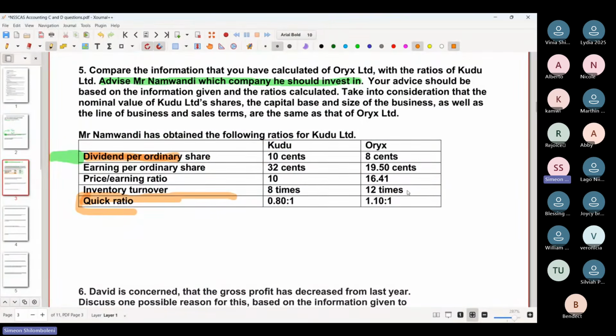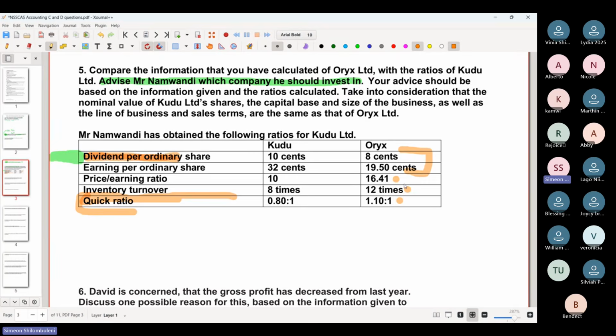If you check, Oryx is better. Oryx is better. If you check, okay, here they are not better. But at earnings per share, they are not better. They are better here. They are better here. It's only these two where they are not better. Which one are you going to invest in? You must invest in Oryx. But if there was a tie, then the marks can be awarded whether you say Kudu or Oryx, as long as you have provided the reasons why you are saying that's the one. Let's go to the next one.